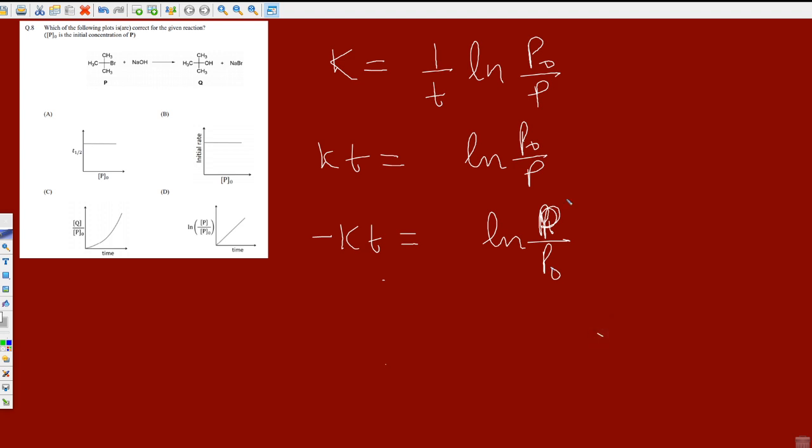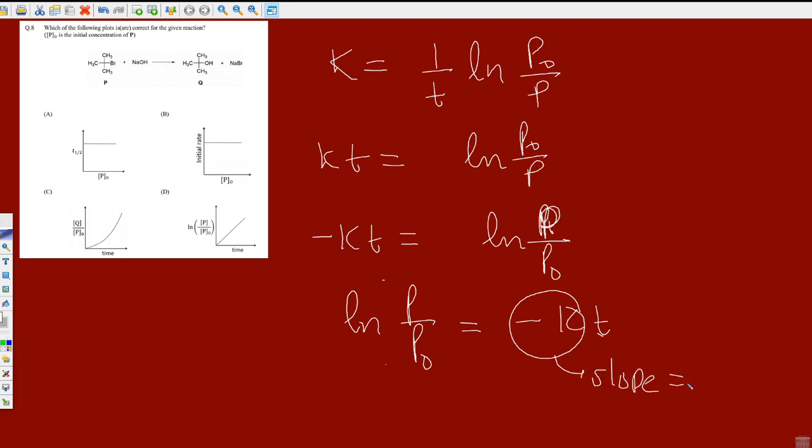So if we plot the graph of ln P upon P naught versus T, the slope would be negative. And hence D cannot be the answer, because in option D, the slope is positive.